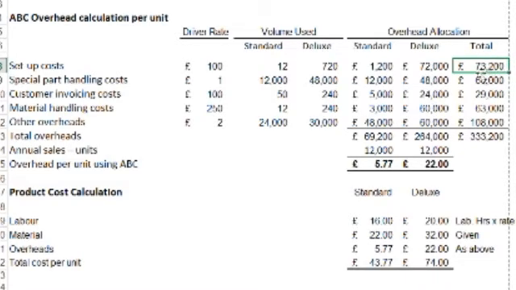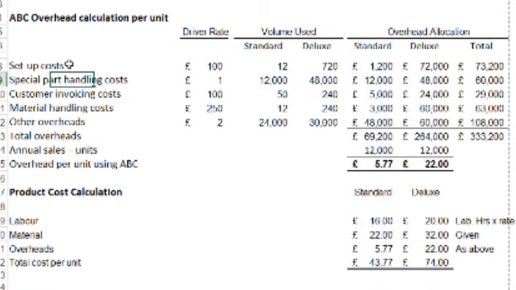That was given to us, 73,200. So we have allocated 1,200 to standard and 72,000 to deluxe using our driver rates, which we worked out in our previous step. All we did, this driver rate times the volume for standard of that activity and the volume for deluxe of that activity.